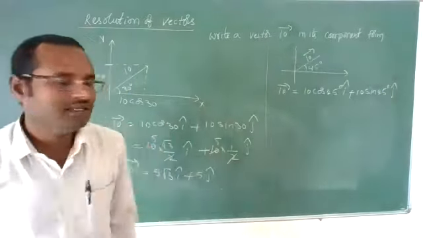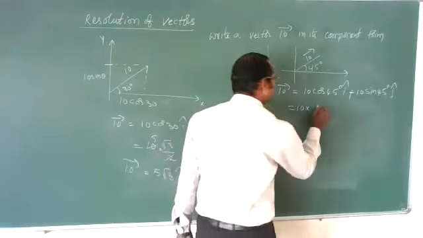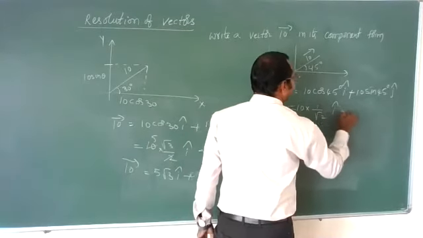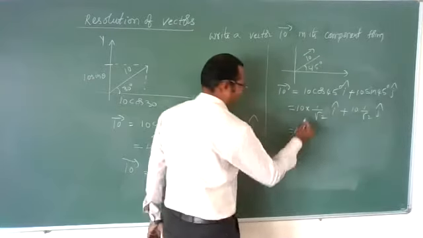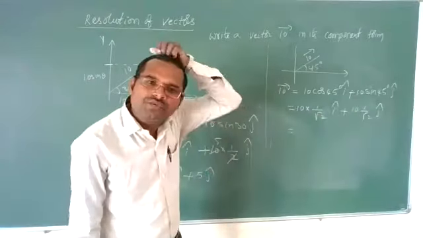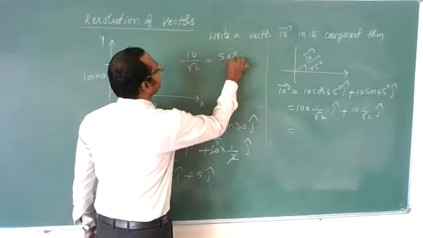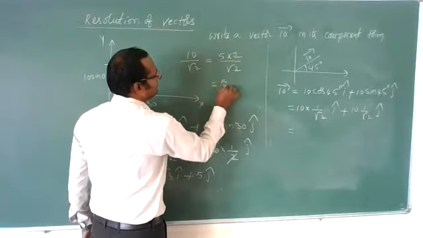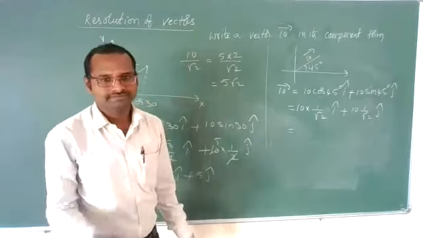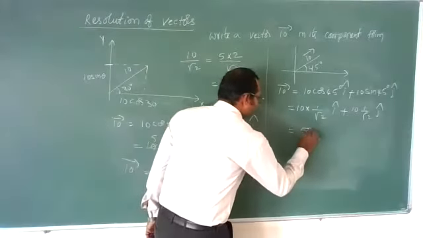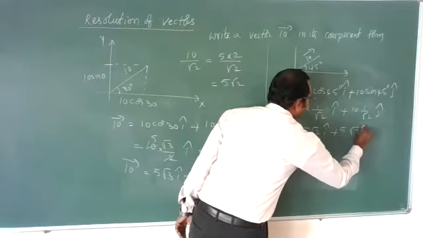Cos 45 is 1 by root 2, so 10 by root 2 i cap plus 10 by root 2 j cap. 10 by root 2 can be written as 5 into 2 by root 2; the root 2 cancels, giving 5 root 2. So 5 root 2 i cap plus 5 root 2 j cap.